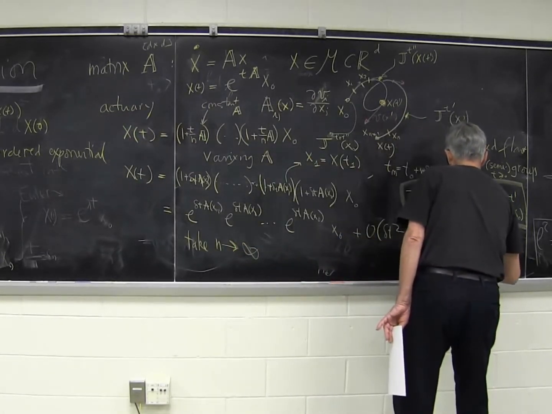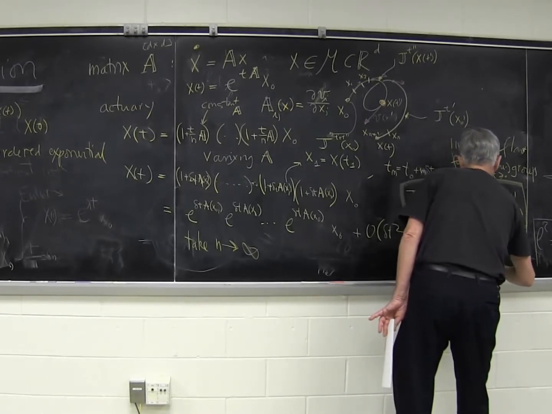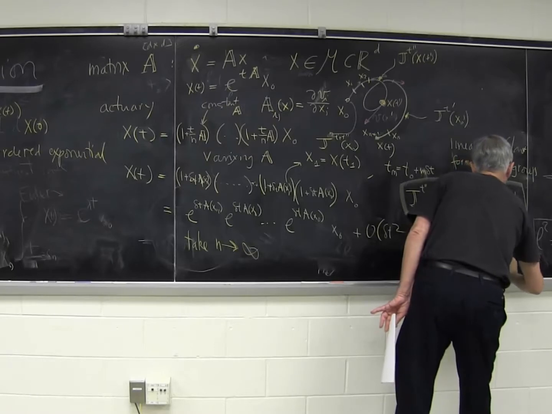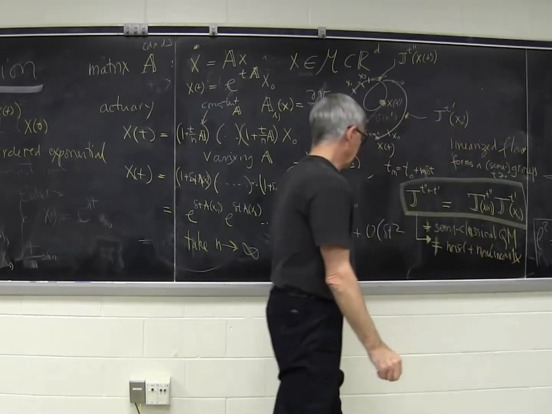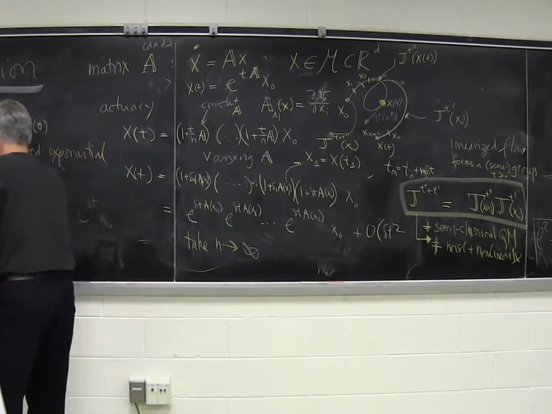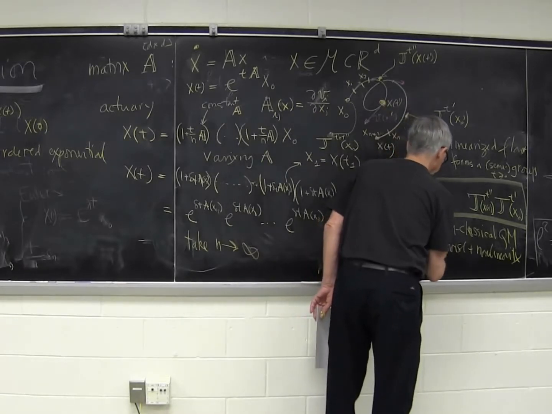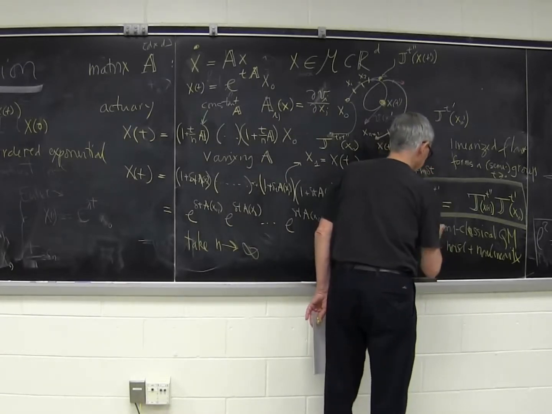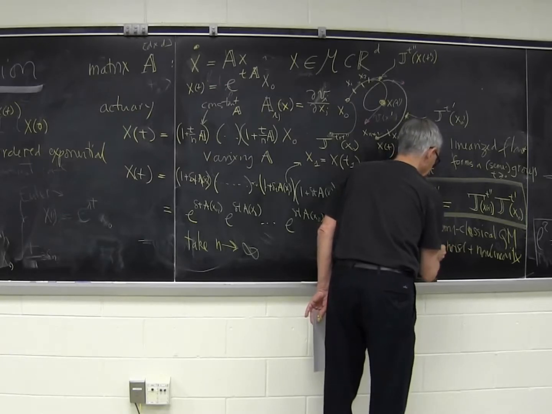So if you have noise plus nonlinearity, then it doesn't work. It's not a semi-group. There are operators like this, but they don't compose nicely at all for linearized flow.